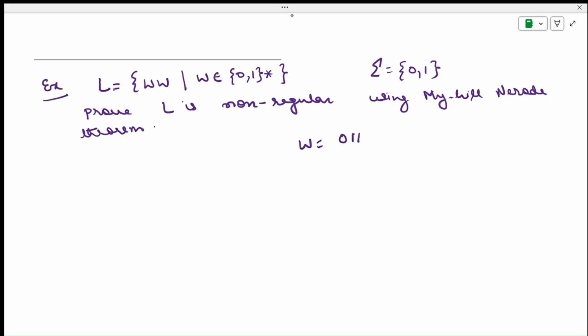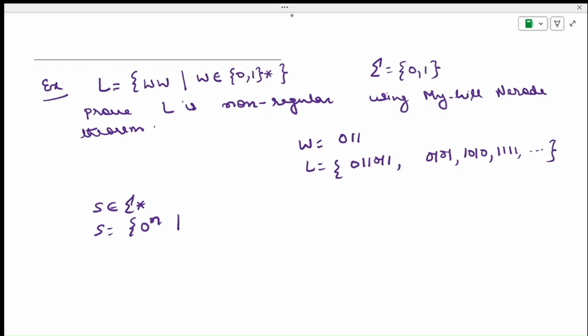So the language has a string of this type, 011 followed by 011, or say 0101, or say 1010, or say 11 followed by 11, and so on. To prove this, we need to find an infinite subset S of sigma star. Let S be 0 raised to the power n for any n greater than 0.